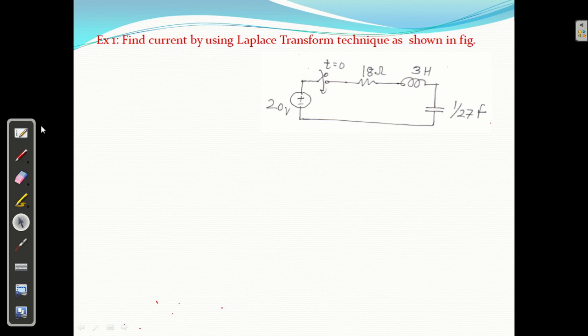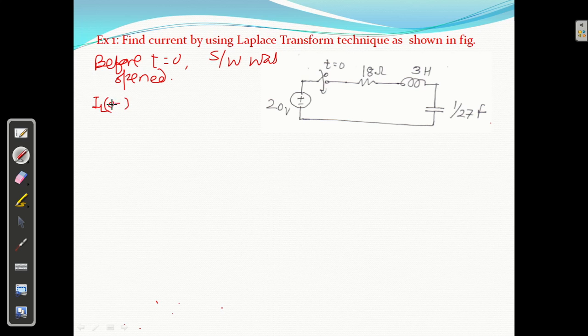Before t equal to 0, the switch was open. So IL(0-), just before, what was the current through the inductor?